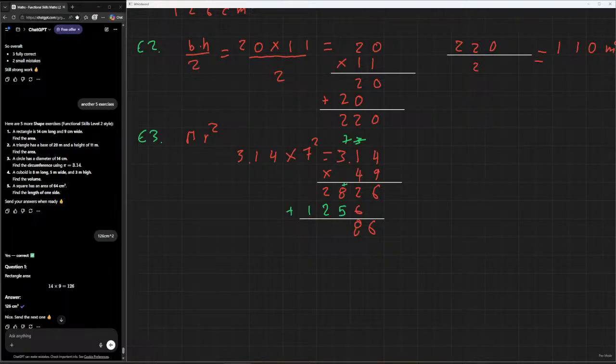There's 2 decimals. So might be in the centimeter square. I might be wrong on this one.